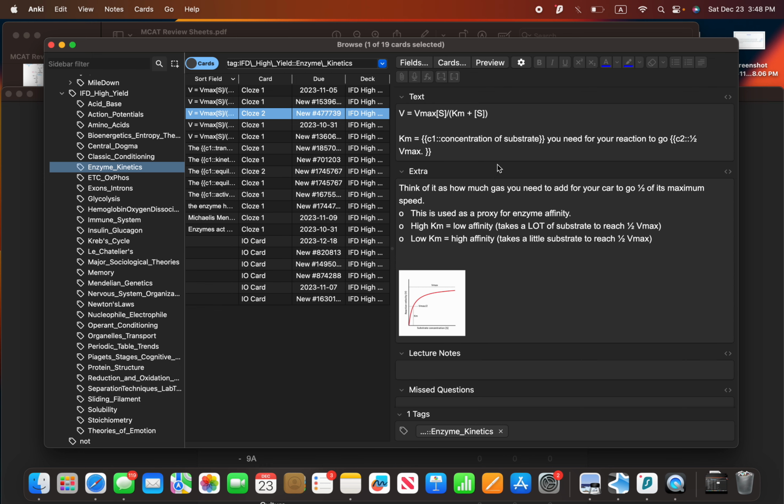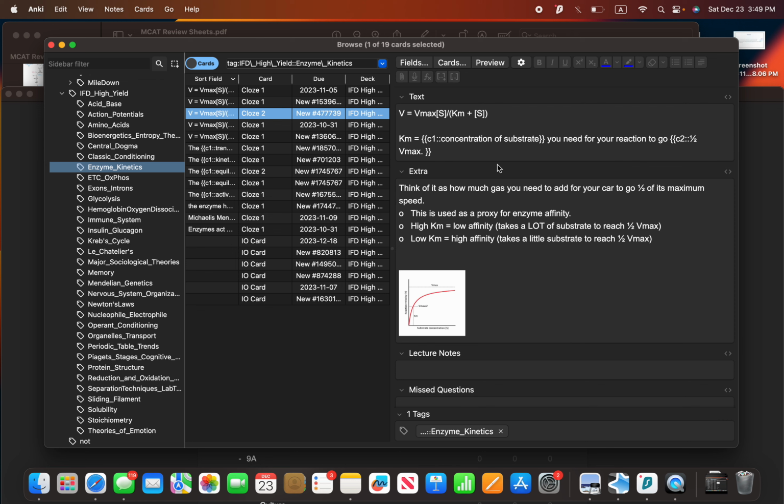And we have the Km, which is the Michaelis constant. It is the concentration of substrate you need for your reaction to go half of the Vmax. Think of it as how much gas you need to add for your car to go half of its maximum speed. This is used as a proxy for enzyme affinity.